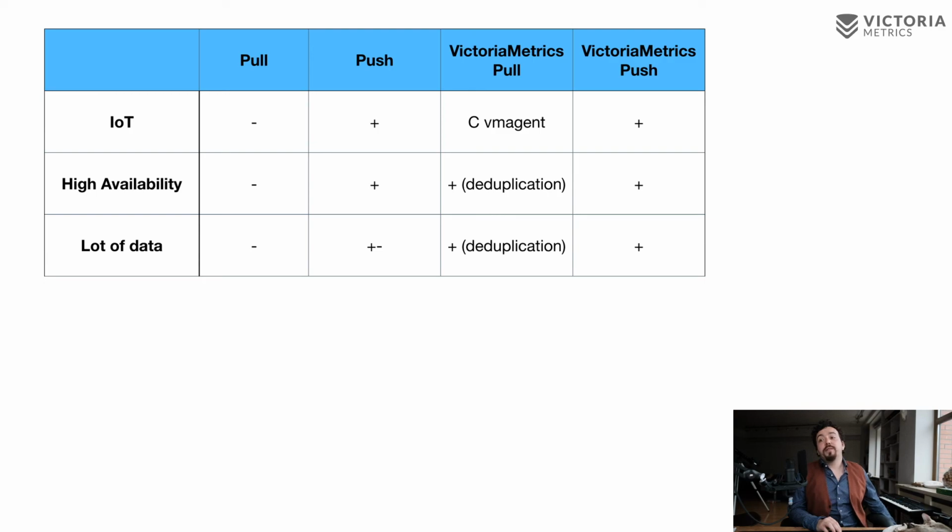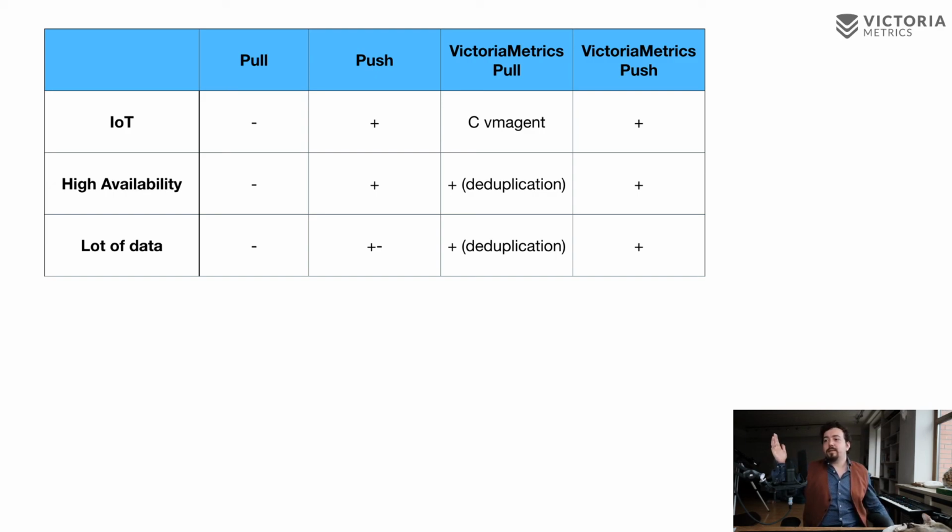If you have a lot of data, I wrote push is plus minus, because some systems really don't work in an efficient way with a lot of data, but some work pretty well, and at least they are scalable.